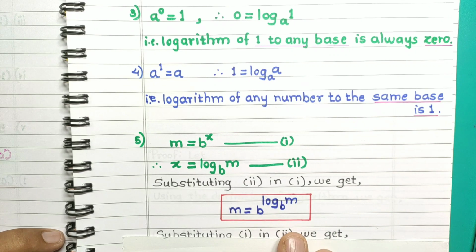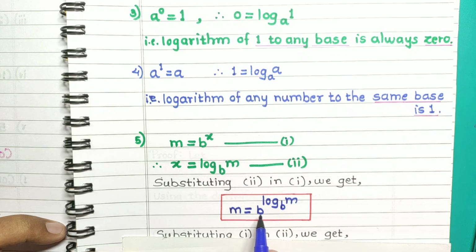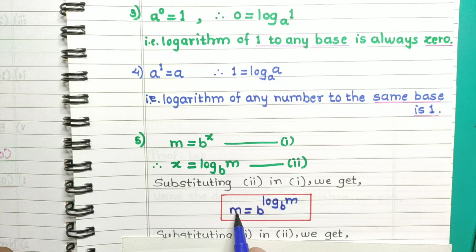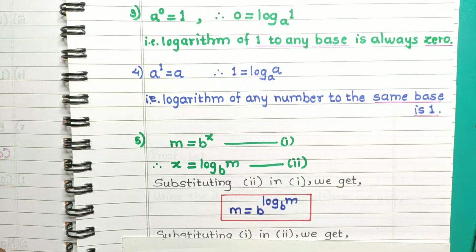This equation suggests that when you come across any number raised to log of any function to the base b, it gives you just that function.